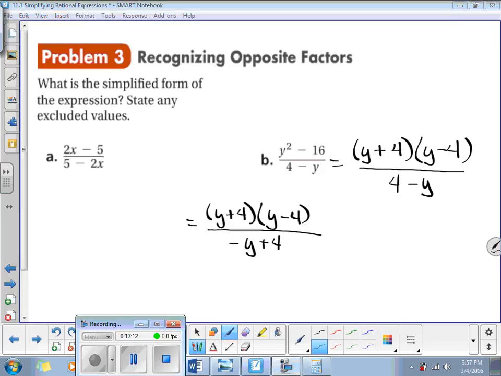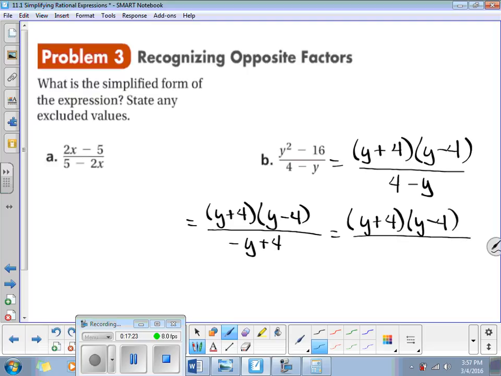So when I factor out the negative 1, let me rewrite the original, y plus 4 times y minus 4. We're going to factor out a negative 1 here. So that's going to be a positive y and then a negative 4.